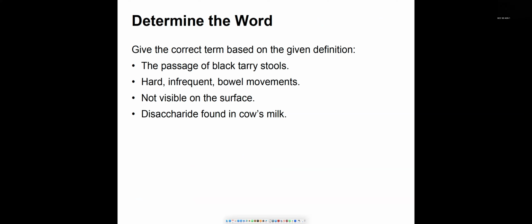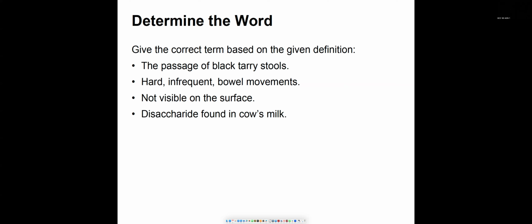Now, looking here, let's determine certain words. So here, these are different characteristics for the pathological problems of the digestive system. So, for example, from the previous slide, you have black tarry stool, which is called melena. You have hard infrequent bowel movement.